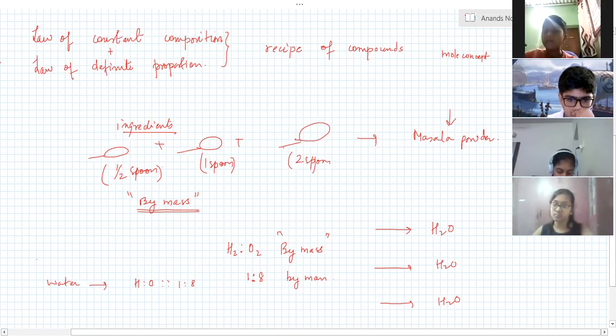No, in water, hydrogen and oxygen will always exist in the ratio of 1:8 by mass. Are you able to follow this, guys? Yes. Okay, so this 1:8 is the universe's recipe for this compound called water.